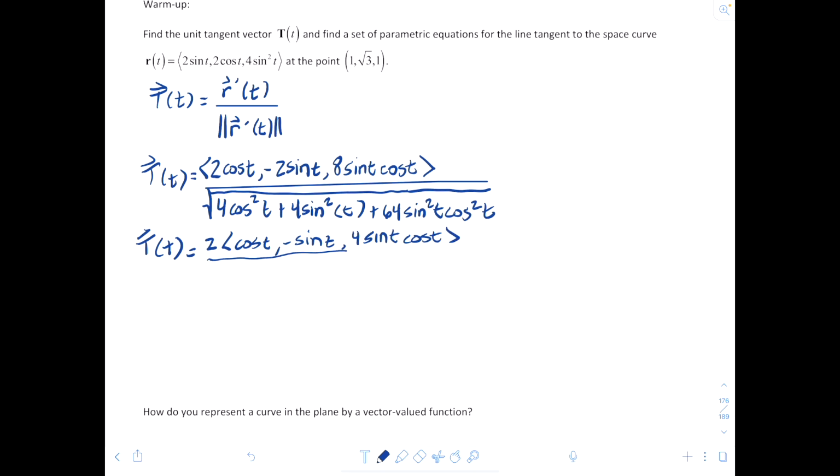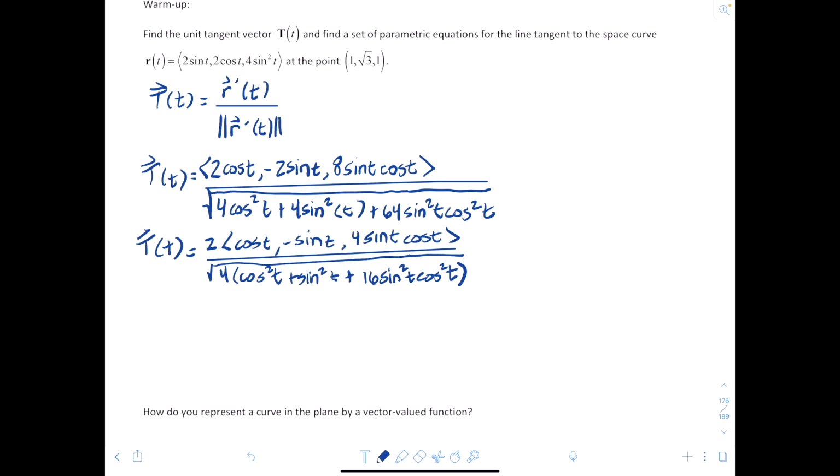And that will be over the square root of 4 times cosine squared at t plus sine squared at t plus 16 sine squared at t cosine squared at t. Just factoring out a 4 from each term. And once I bring that 4 out, that's going to be the square root of 4, so it'll be 2. So it will divide out the other 2.